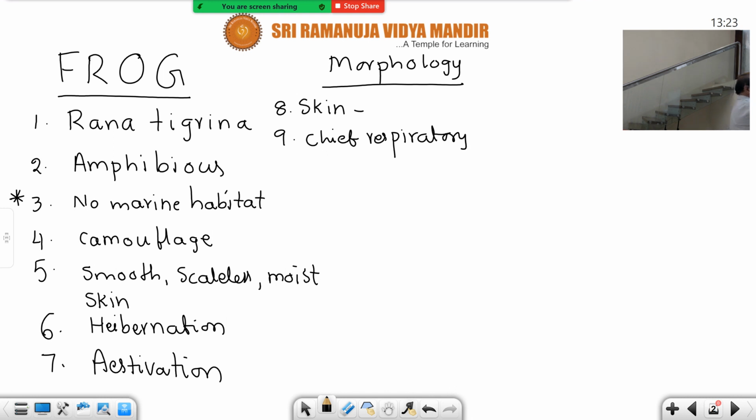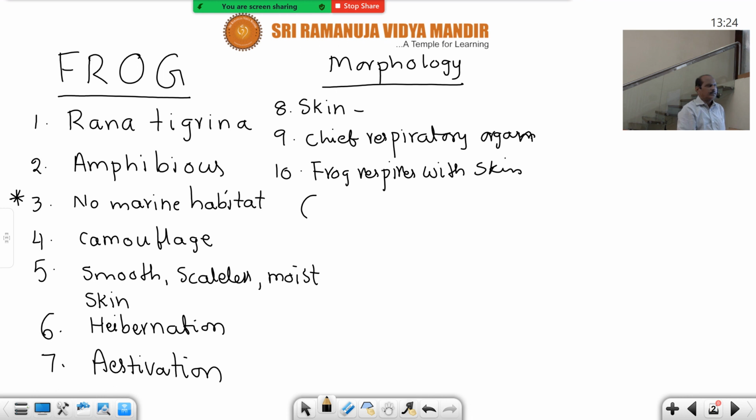Better you say skin, because in hibernation and aestivation also the frog respires with skin, or cutaneous respiration. Instead of using both terms, hibernation and aestivation, better you use dormancy, the dormant stage. Frog respires with skin in dormancy, meaning taking rest, in winter and summer.